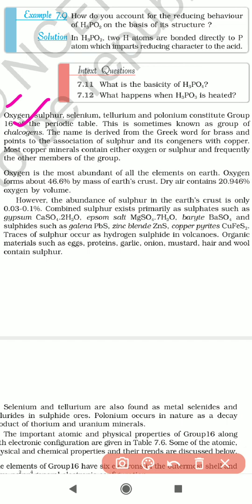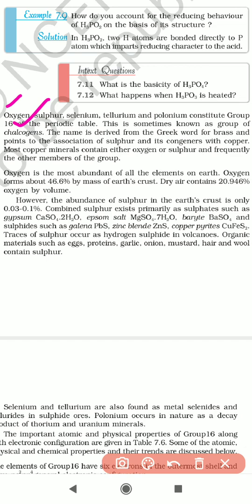Combined sulfur exists primarily as sulfates such as gypsum, Epsom salt MgSO4·7H2O, and barytes BaSO4, and as sulfides such as galena, zinc blende, and copper pyrites.